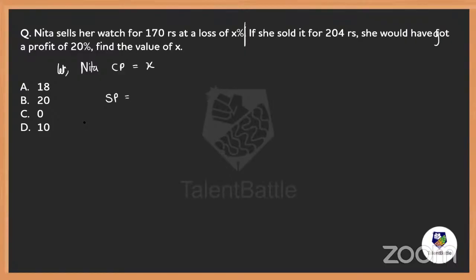The masterclass students already know one point: selling price always equals the overall percentage of cost price. Here the overall percentage is out of 100, you have lost X, so it is minus X%. So can I say 170 is equal to 100% minus X% of CP?